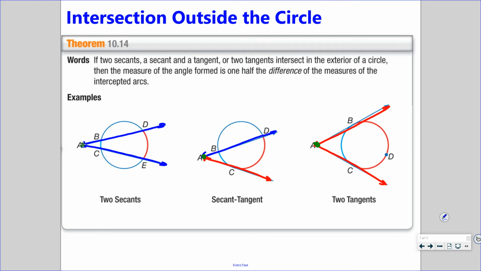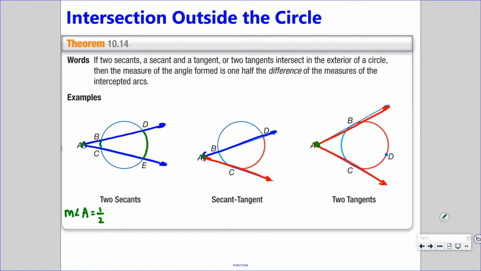The measure of the angle formed is going to be half the difference of the measures of the intercepted arcs. Okay? So here, the measure of that angle, I'm just going to call it angle A, is 1/2 the difference of the intercepted arcs. Here's the intercepted arcs. This one and this one. Now think about this.